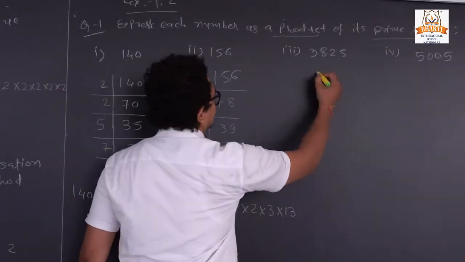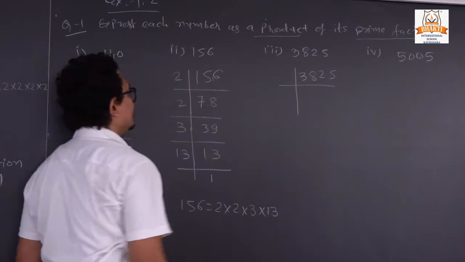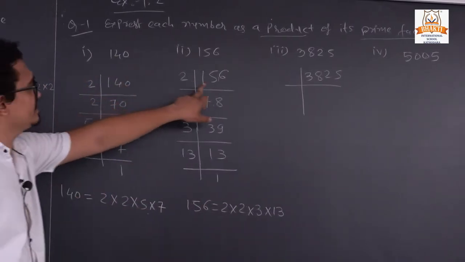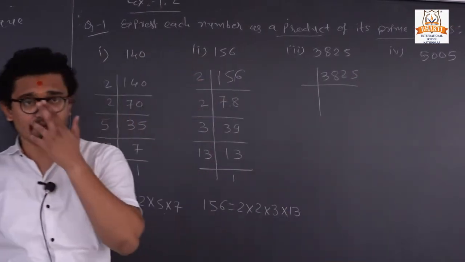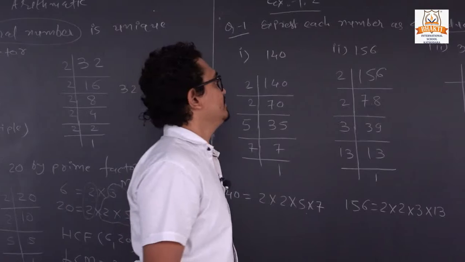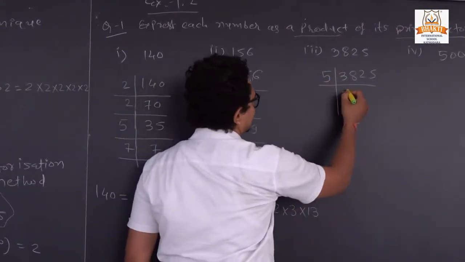Next, 3825. Here the last digit is 5. If you remember that rule, if the last digit is 5, it will be divisible by 5. So we can start with 5. So 5 7s are 35.